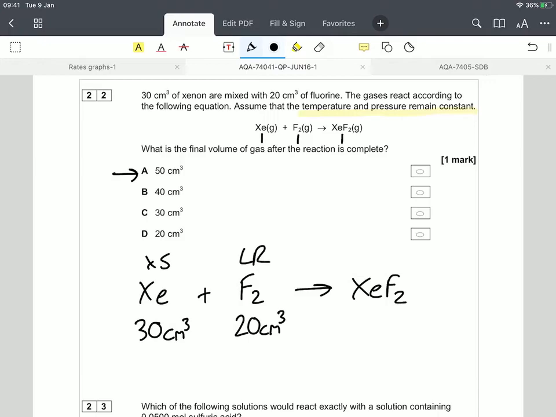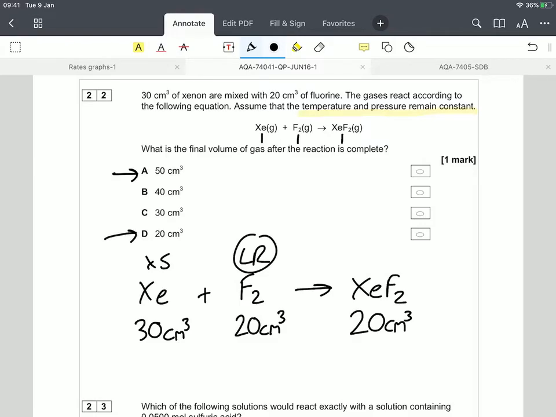That's the limiting reagent. Because this is the limiting reagent, this number can then basically be translated to the product side, right? Which means you get 20 centimetres cubed of xenon difluoride, okay? But that's still not the answer. That's another distractor.